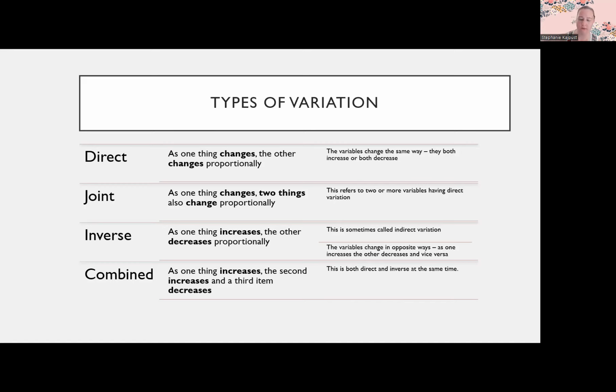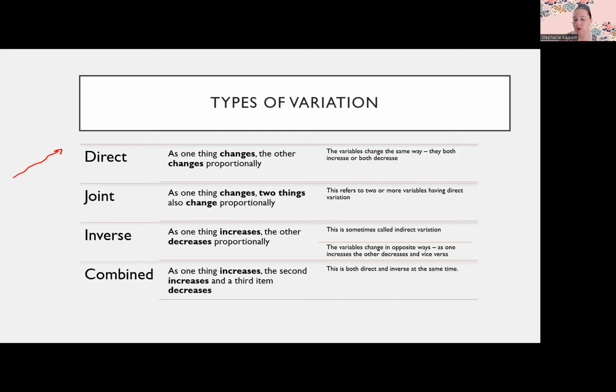If one variable is increasing, the other variable is also increasing, or as one variable decreases, the other variable is also decreasing. So lines are an example of direct variation, because as you go from left to right, as your x increases, the y increases.